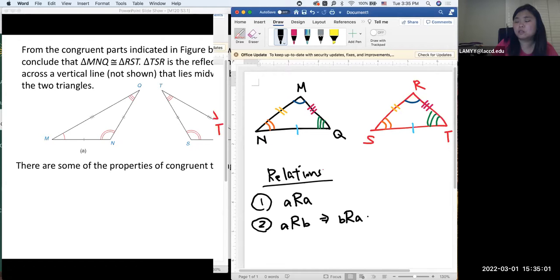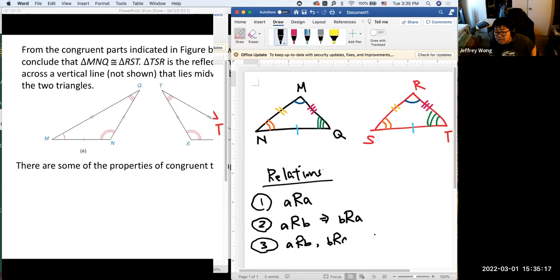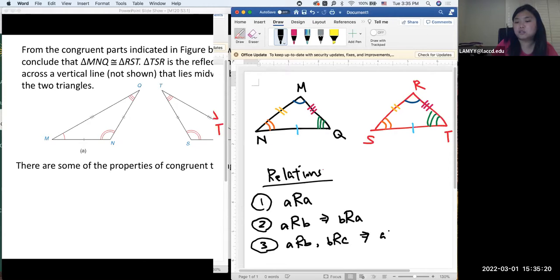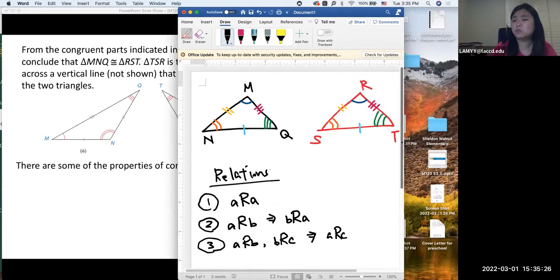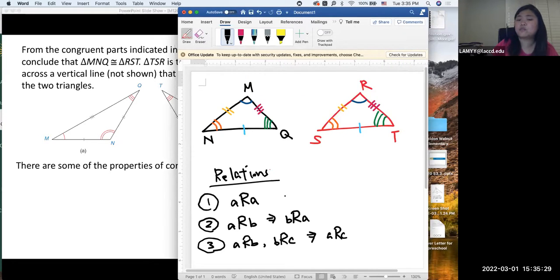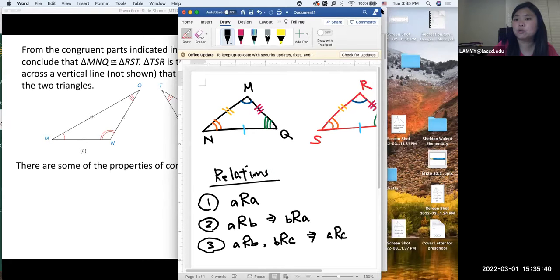This is symmetric. And what is the number three? Transitive. How can I represent it this way? A R B, and then B R C. Good. And then A R C. Remember that? That is from chapter 1, I guess. Reflexive, symmetric, transitive. This is called the relations, right? We also can apply it to the congruent triangle.